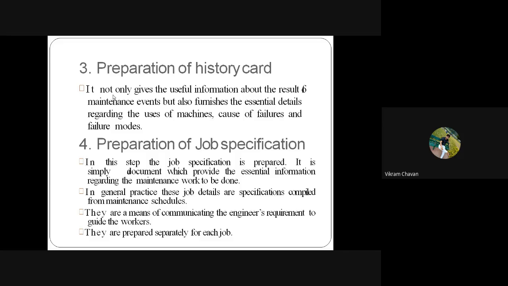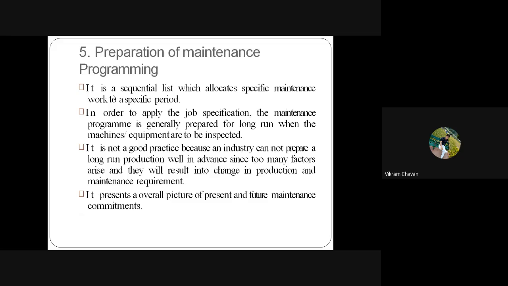I think we have discussed up to this fourth step. Then the fifth step is preparation of the maintenance program. The sequential list of maintenance activities is prepared, and accordingly the job specifications and the general program related to long run machines and equipment are to be inspected.